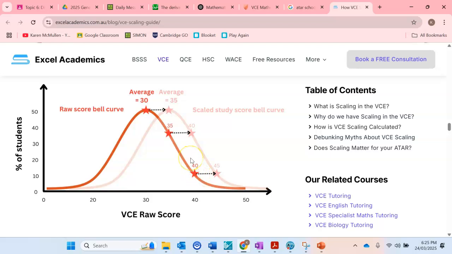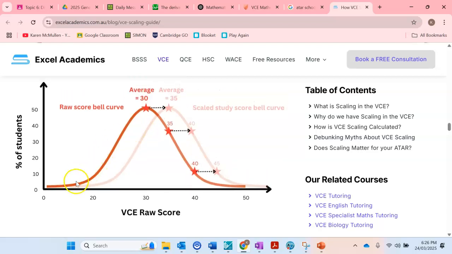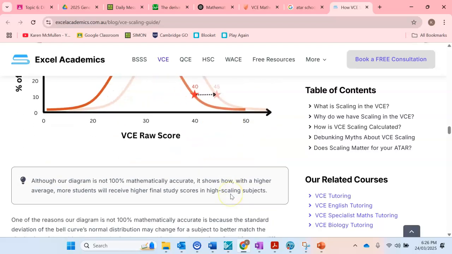Now that is not exactly how it works, and I think it does have a little disclaimer there. It's not adding 5 for each. It does depend on what you get, but I think just showing you that bell-shaped curve and the median as 30, you can shift things along, and they tend to get shifted by the same amount.